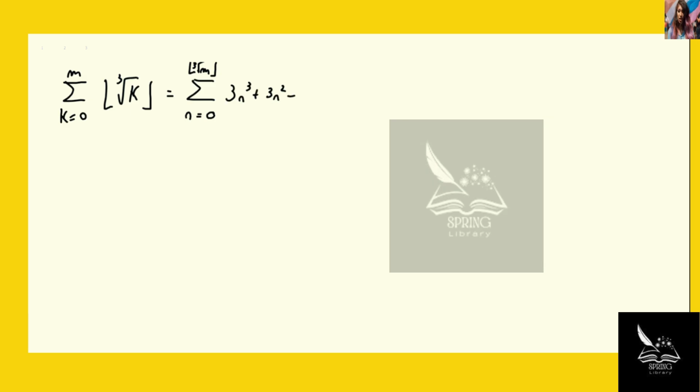And we've established that that's 3n cubed plus 3n squared plus n. But then we also have eventually some of the numbers which are outside of the strip. So let's write those as k that goes from the cube of the floor of the cubic root of m, plus 1, to m, of that quantity. But now this quantity is, because we're looking at just this particular strip, exactly the floor of the cubic root of m.